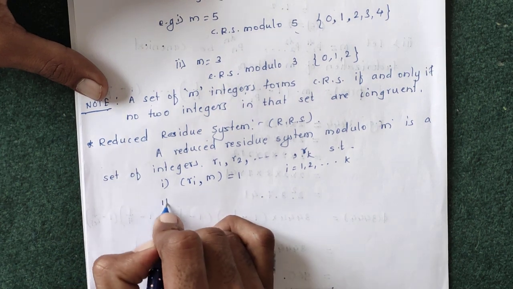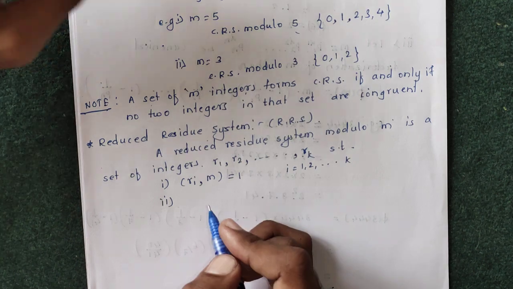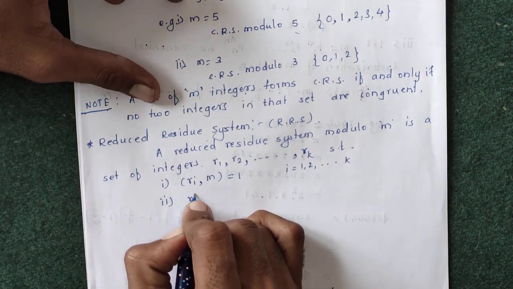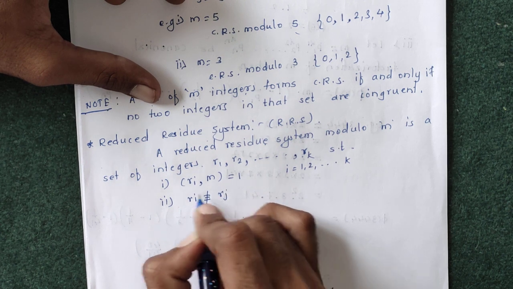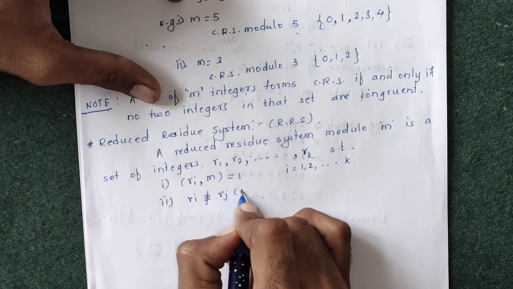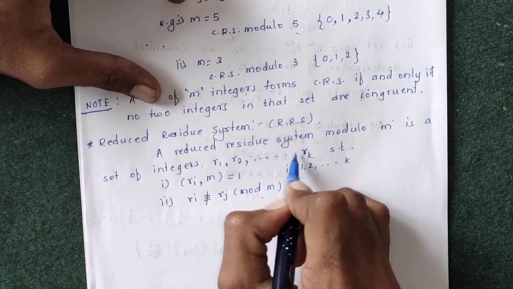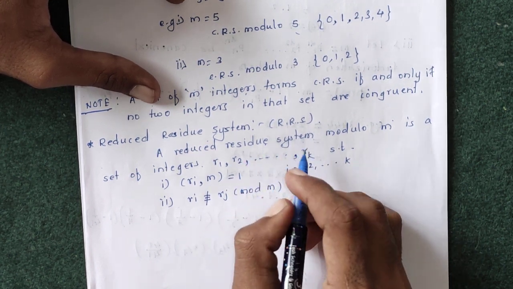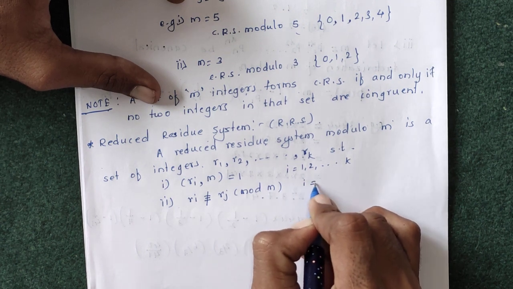The second condition is that ri must not be congruent to rj modulo m, that is, these numbers are not congruent to each other under modulo m for i not equal to j.